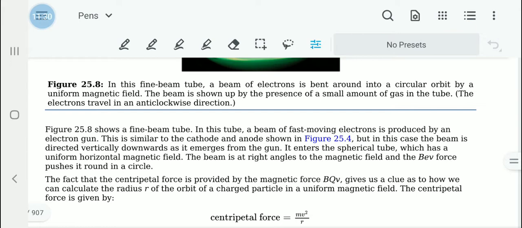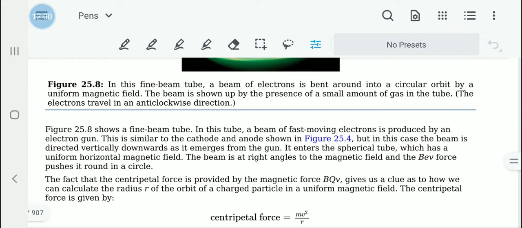Again, here a beam of fast moving electrons is produced by an electron gun using the cathode anode principle that we discussed earlier. When it comes out of the electron gun, it has a vertical or horizontal position depending on where it is placed.